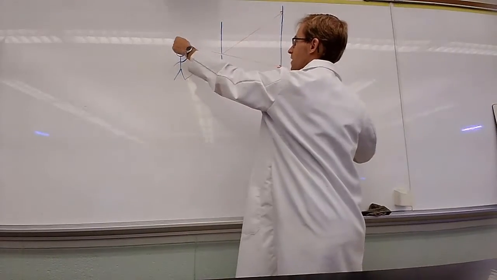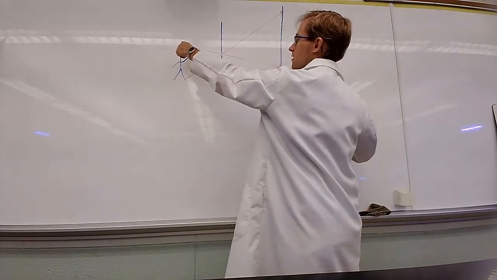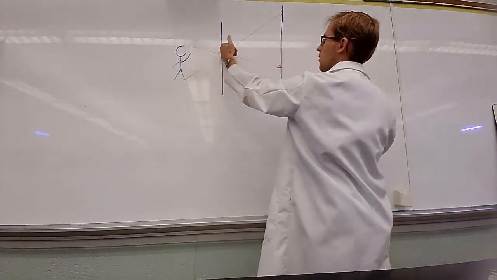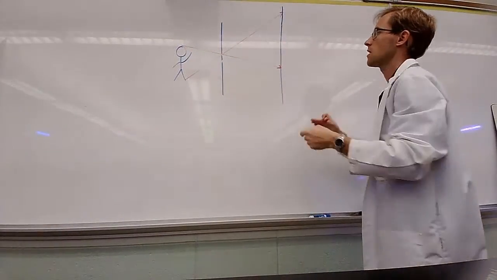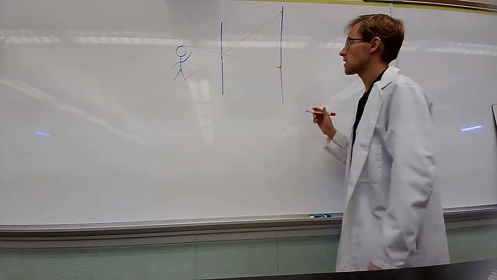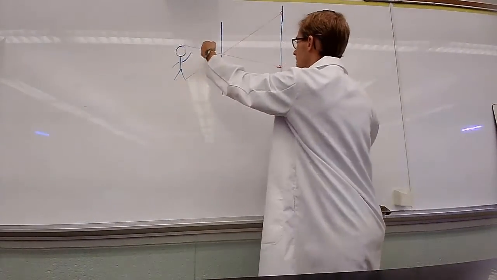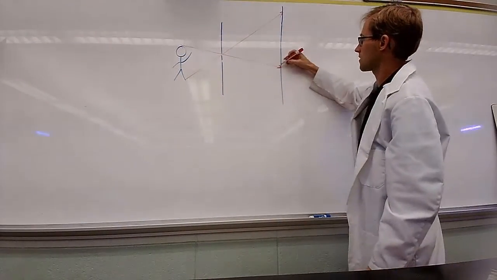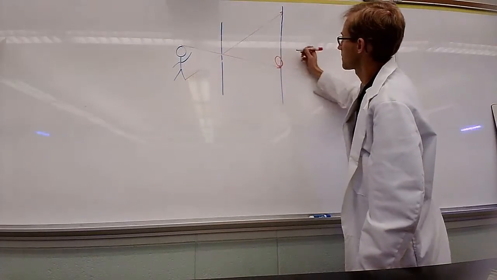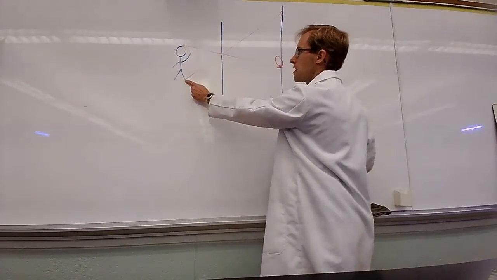So the light rays from the light source's top can only go through this pinhole and make it to the piece of paper taking one path, because the pinhole is so small. Therefore, if the light ray from the head ends up here, that means the top of the head's going to be right there. And the feet are way down here.